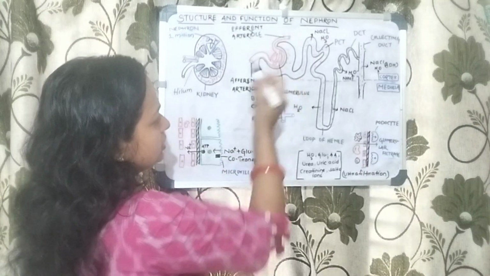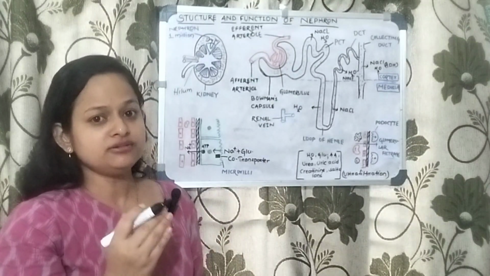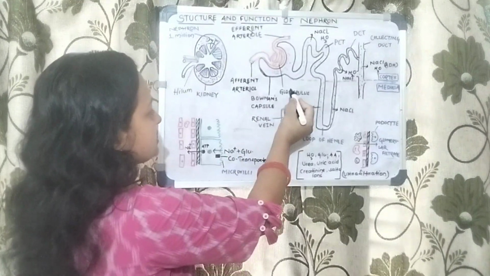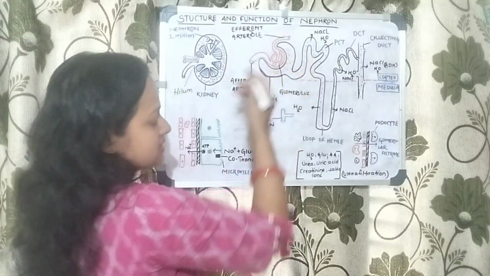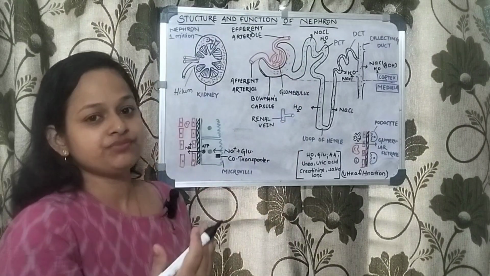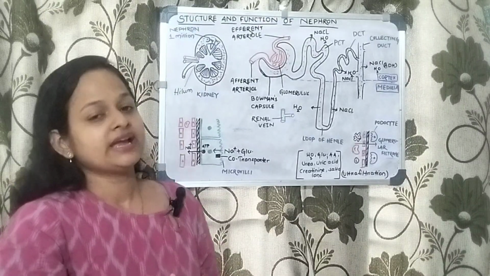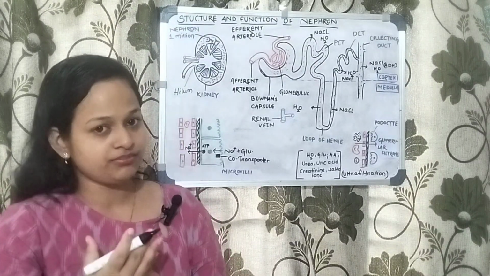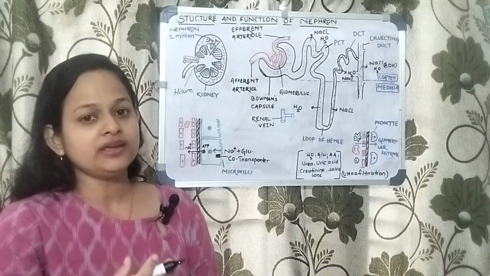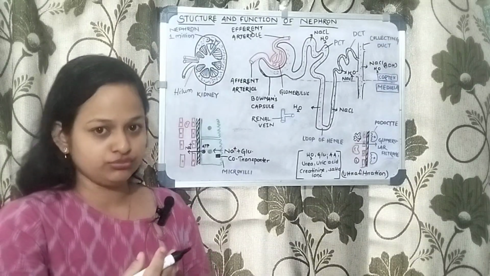I talked about the first part, the Malpighian body or the renal corpuscle, which is composed of the glomerulus and the Bowman's capsule. After this Malpighian body, the next part is the nephric tubule, and this nephric tubule has three parts: the proximal convoluted tubule, the loop of Henle, and the distal convoluted tubule.